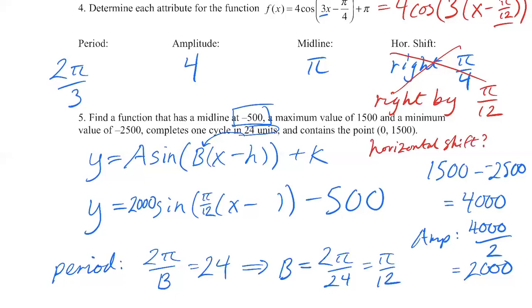And where have we seen 1500 before? Well, 1500 was our maximum value. And if our maximum value happens at 0, it's probably better, rather than describing this with a horizontal shift, to describe it with a function that has its maximum value when x is 0. And that function is not sine. That function is cosine.